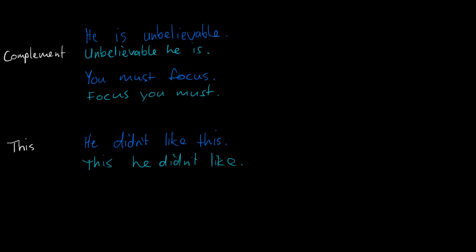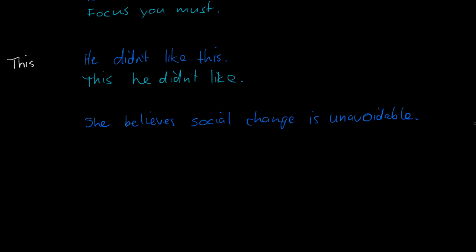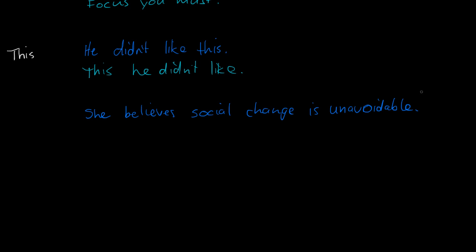Okay, and now moving to something just a little more complicated, I suppose you could say. And this is where we move the object. And I've given a particular example that is a little bit trickier, so we're going to front the object. First, it might be worth looking at where the subject is. So it's obviously she is the subject, and then you have your verb believes.